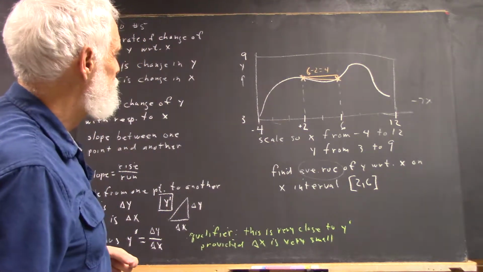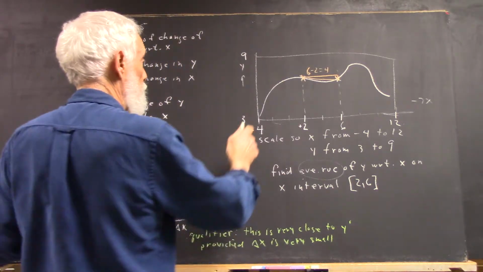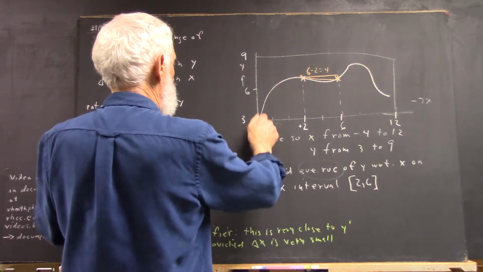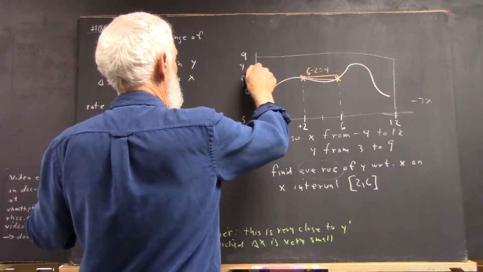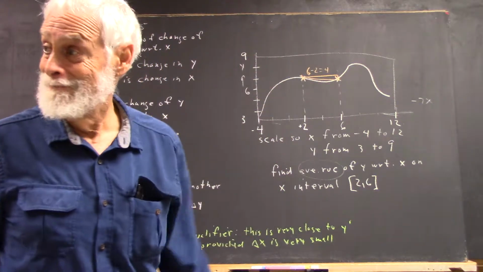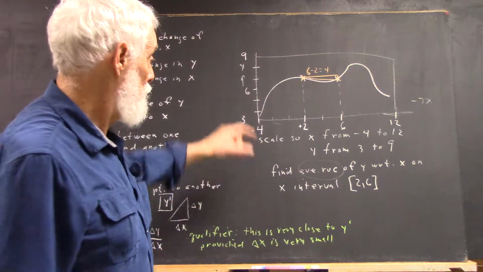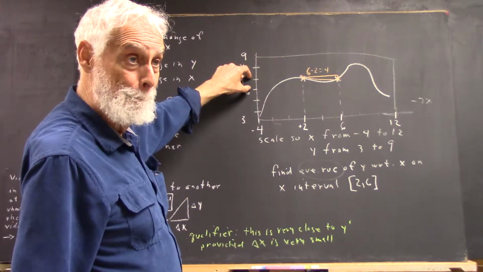Well, okay, I've got 9 here and 3 here. Halfway between that is 6, so 6 would go here. And now I've got 3 from here to here, so I subdivide that to see how big 1 is, right? So I mark this off to get a scale for how big 1 is.